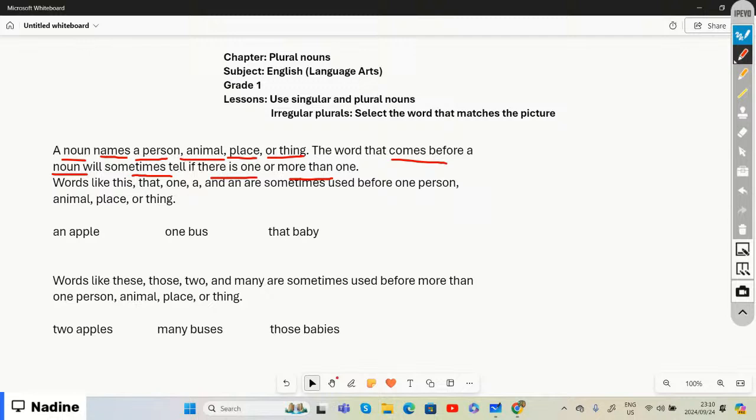So singular nouns tell us that we are making mention of one person, one animal, one place, or one thing.